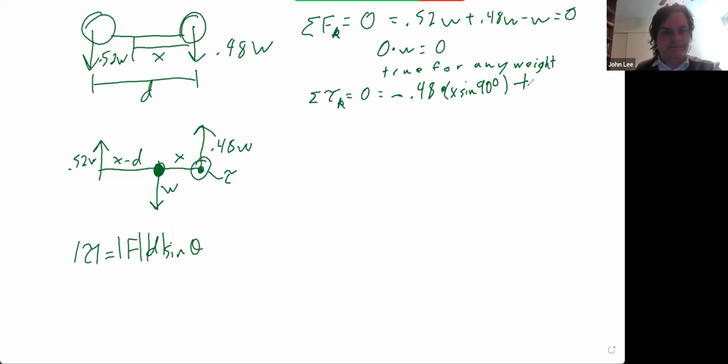plus the torque pointing in the other way. So R is going to be pointing to the left. Torque is going to be pointing up. So we end up with a torque pointing into the page.